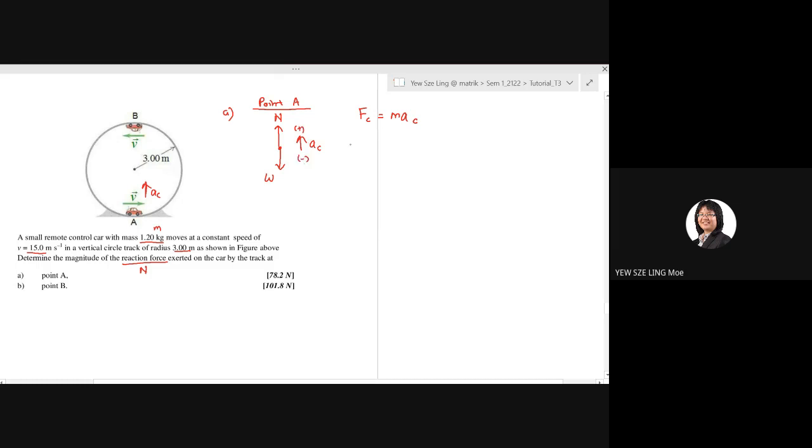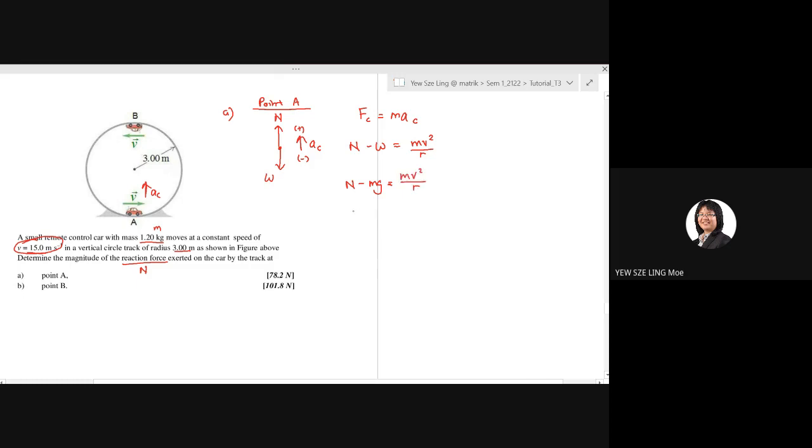Therefore, I'm going to write it down as N minus W, because N is a positive vector, W is a negative vector. So N minus W equals mv squared over r. Again, I write mv squared over r because the question gives me v. Okay, so N minus mg equals mv squared over r.